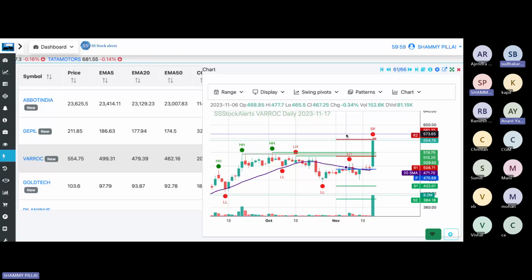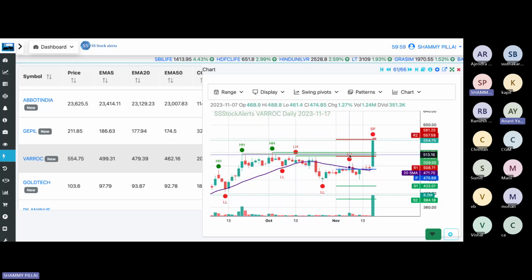When you are trading a stock, never think that it has run, about 16% done; the stock can be 50% also. But what if the stock comes down 20%? Possible. We never know. If I knew everything, I would have sold my house and invested in Varroc only. Crorepati. Because you never know.